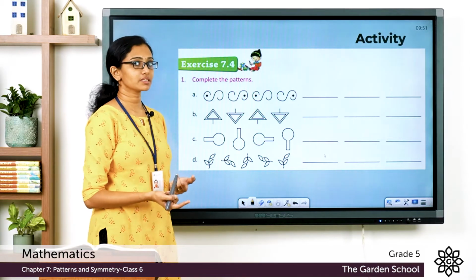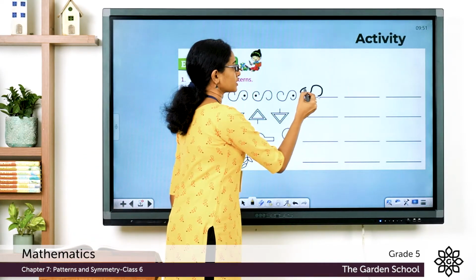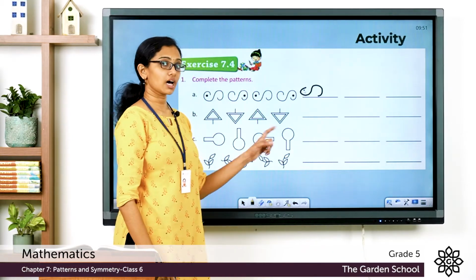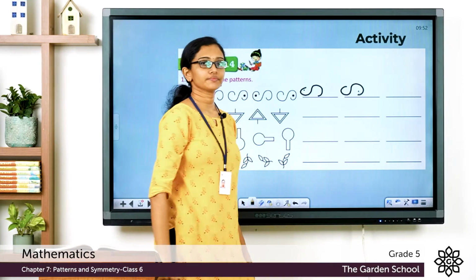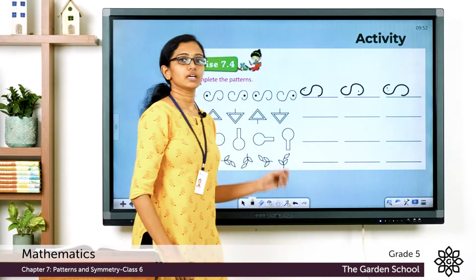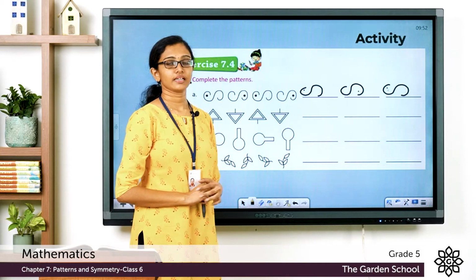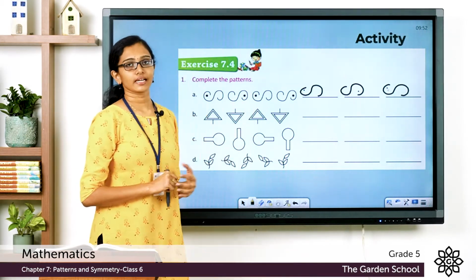Can you predict what comes next? It would be the same curve with a dot on the left. And after that, it would be the same curve with dot on the right. Then the curve with dot on the left. And it goes like that. And it's a repeating pattern. A repeating pattern with designs.